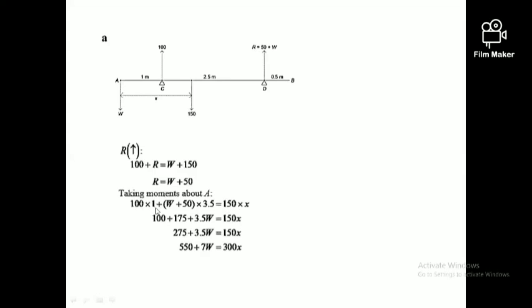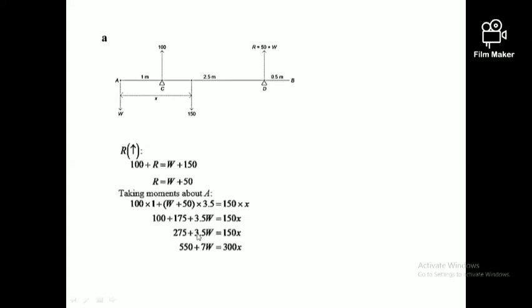Then 100 into 1 is 100. W into 3.5 is 3.5W. 3.5 into 150 is 175. 150 into x is 150x. With that, this is 275 plus 3.5W equals 150x.